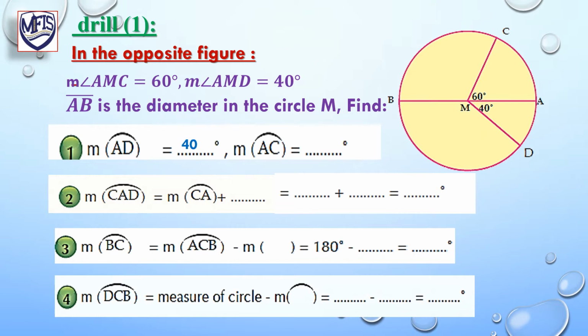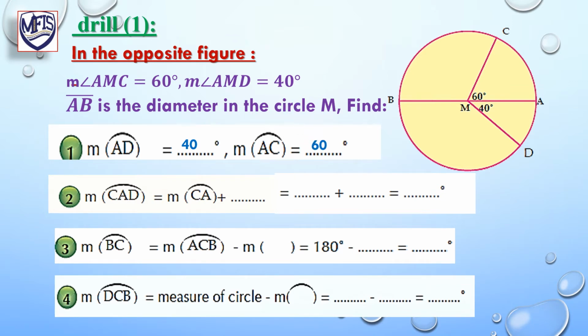What about measure arc AC? Here I have arc AC and I want to find the measure arc AC. Measure arc AC equals the central angle which is drawn on this arc. So measure arc AC equals 60 degrees.